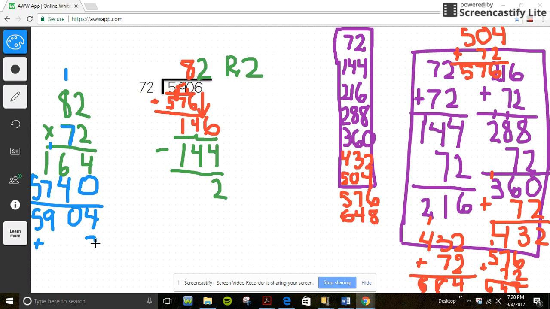So I add 2 to the problem, and I come up with 59. Then I have my 0, and then I have my 6. So the total answer is 5,906. And that matches the original 5,906.